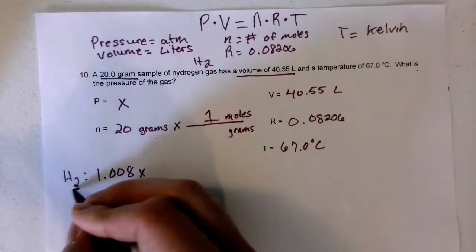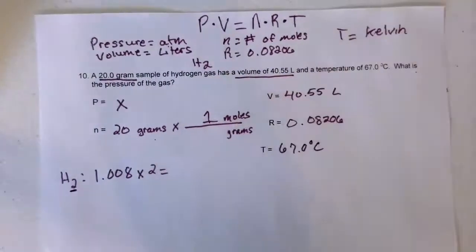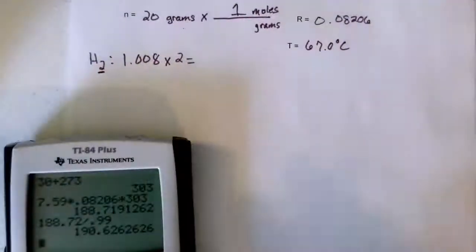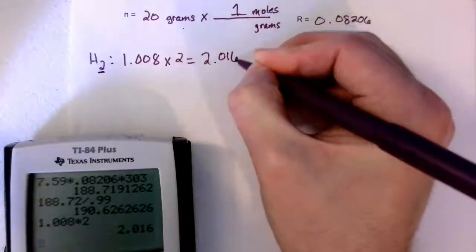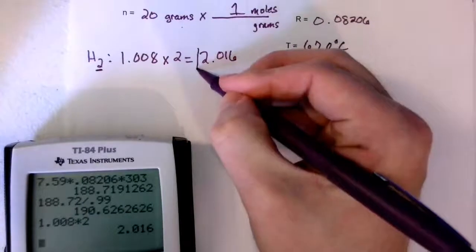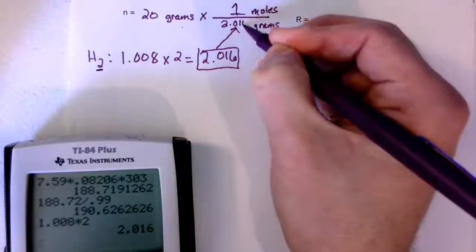So you're going to multiply it by this number, which is 2. So 1.008 times 2, get out your calculator, 1.008 times 2 is going to be 2.016.